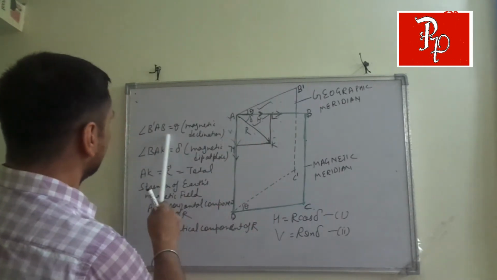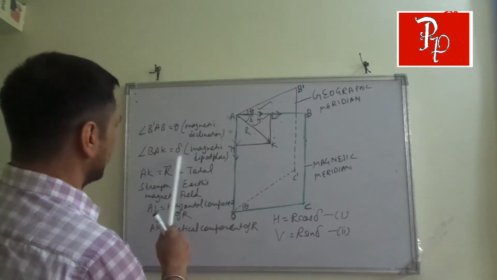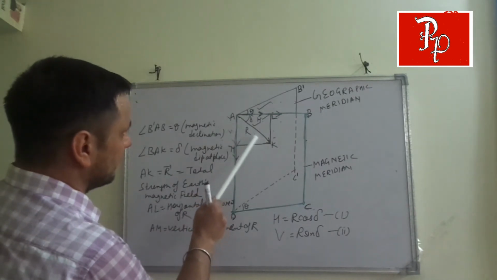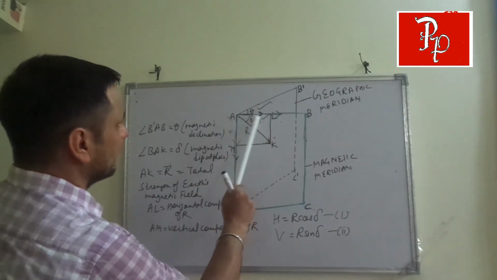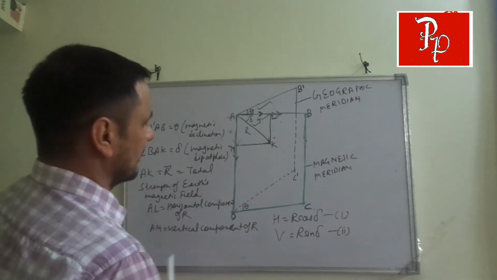Angle BAK is your delta, that is magnetic dip at that place. AK is R, that is the total strength of Earth's magnetic field. AL here is the horizontal component, and this AM is your vertical component.